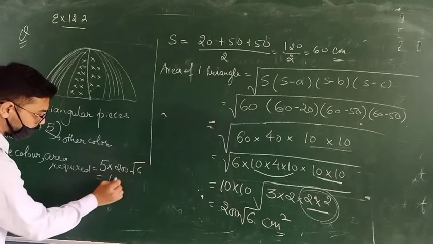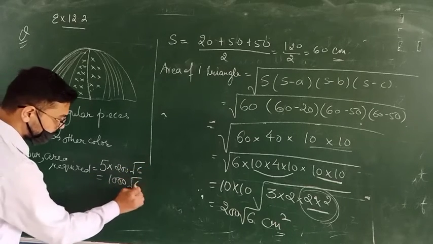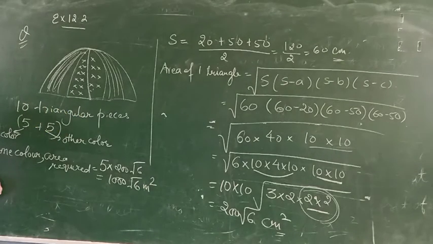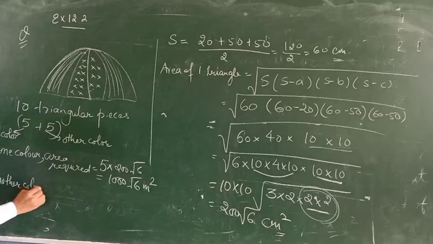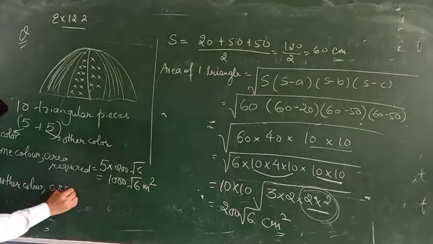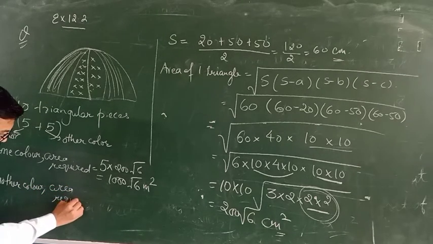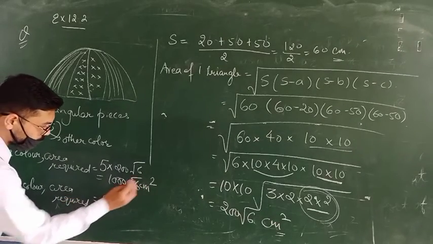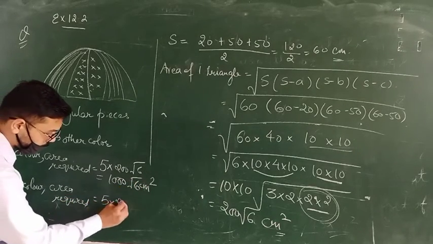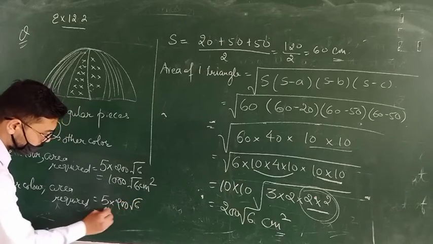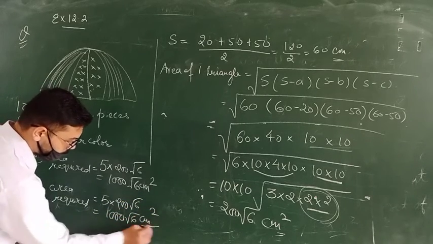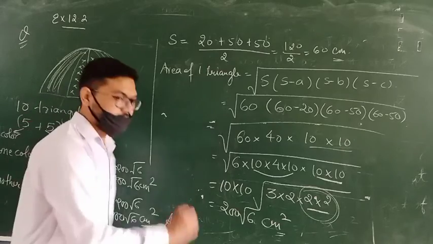So this comes out to be 1000 root 6 centimeter square, because this is given in centimeters. Then for another color, the area required is also 1000 root 6 centimeter square. So this is your complete answer.